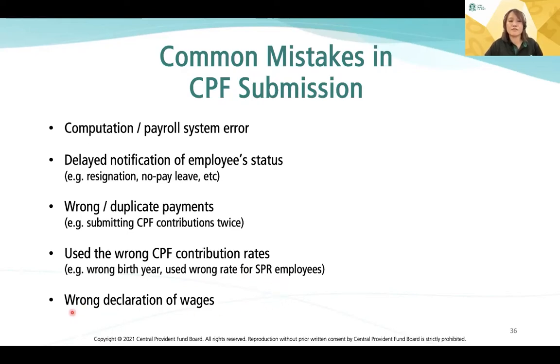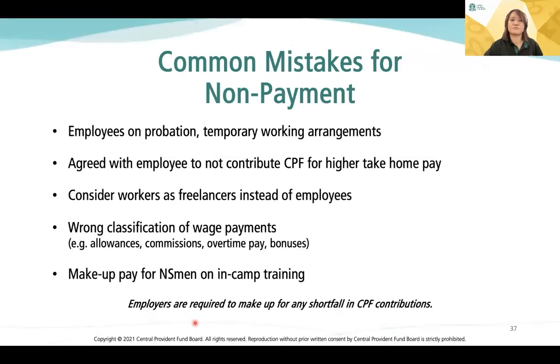Of course, another common mistake is wrong declaration of wages. For example, for certain wages that are considered under OW, you probably classify them under AW. So this may happen as well. That is the common mistakes during submission.